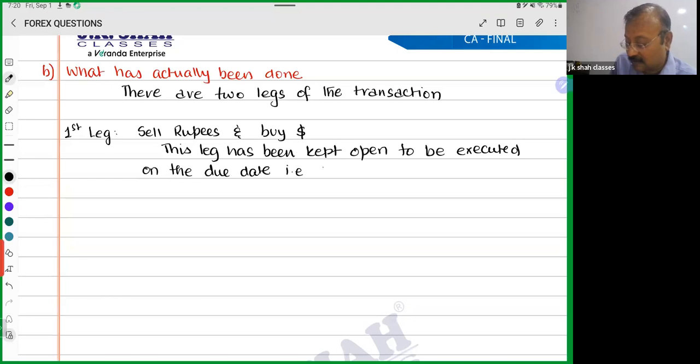That is, on the due date, Mr. X will sell.